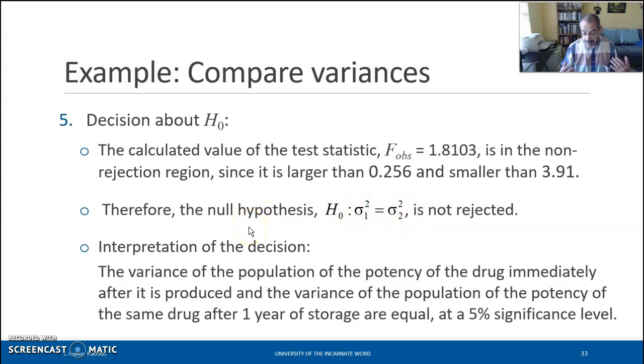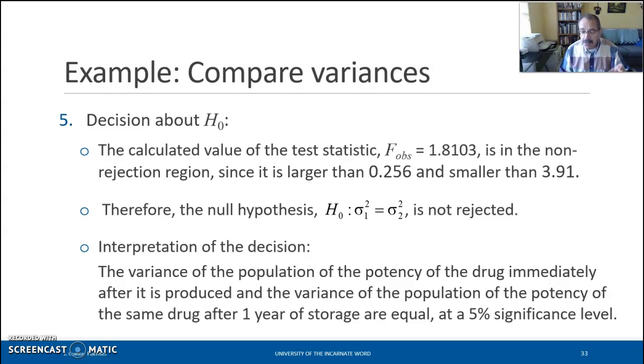To interpret that decision, we will say that the variance of the population of the potency of the drug immediately after it is produced, and the variance of the population of potency of the same drug after 1 year of storage are equal at a 5% significance level. All right, so this is one example of how you compare the variances.